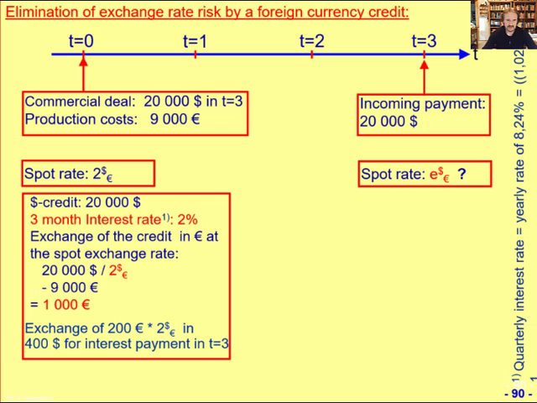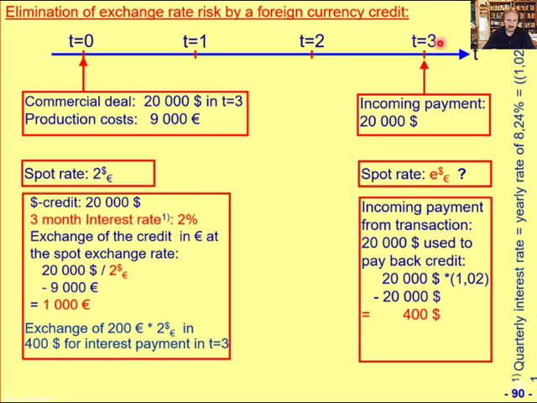Now, 3 months from now, when we receive the payment for the car in terms of $20,000, we can use this incoming payment to pay back the credit.